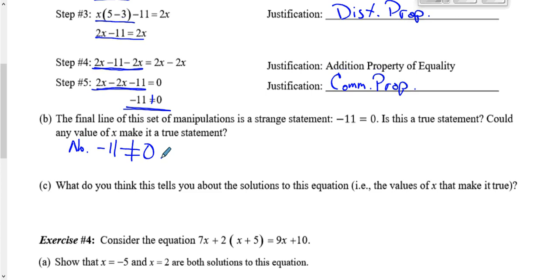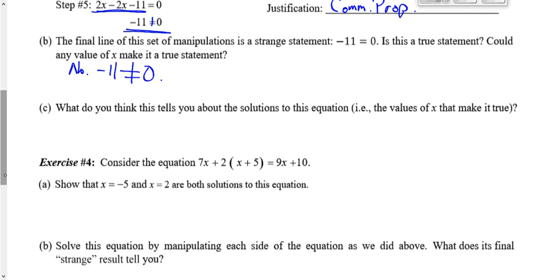What do you think that tells you about the solutions to that particular equation? There's no x value that'll make it true, right? It looks like we could plug in any value of x that we want, and it'll never make both sides the same. So are there any solutions?